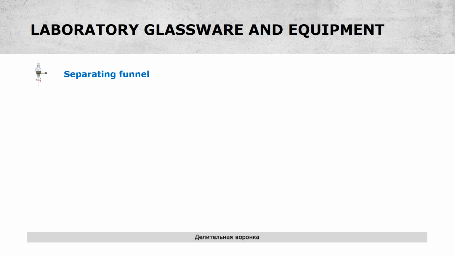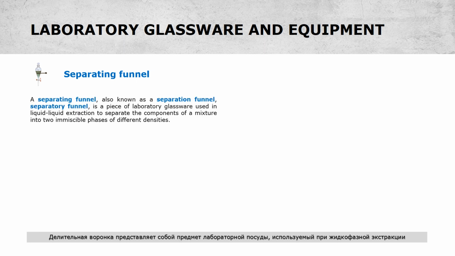Separating funnel. A separating funnel, also known as a separation funnel or separatory funnel, is a piece of laboratory glassware used in liquid-liquid extraction to separate the components of a mixture into two immiscible phases of different densities.